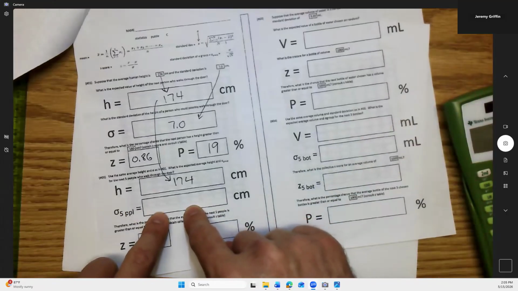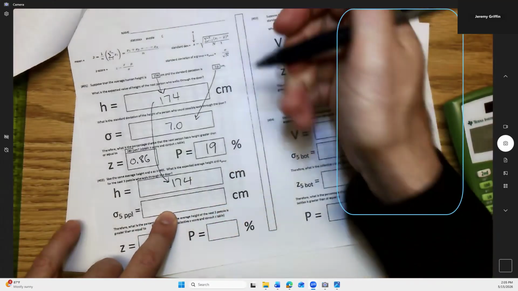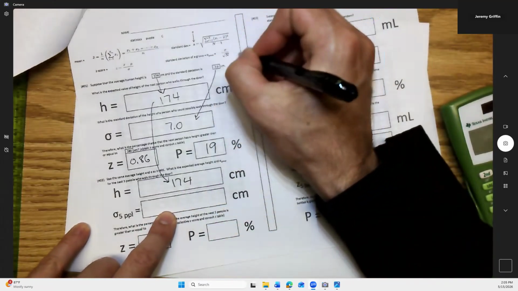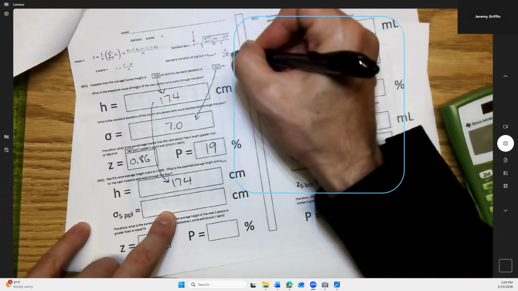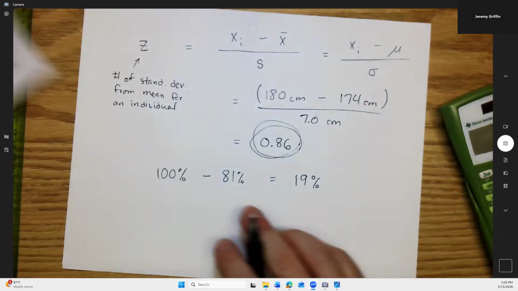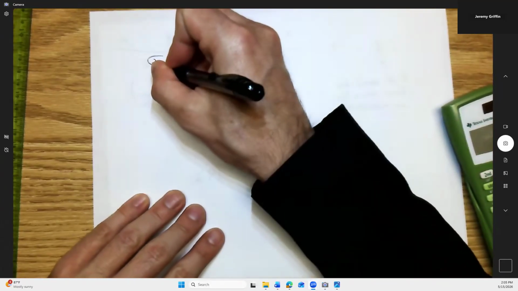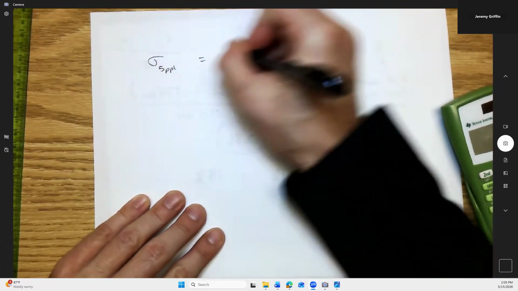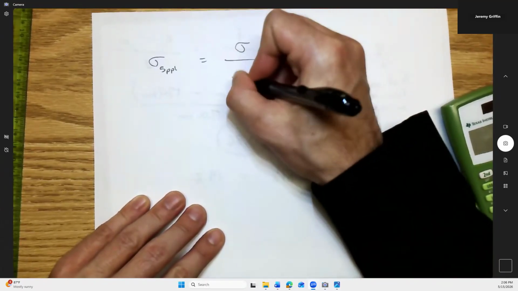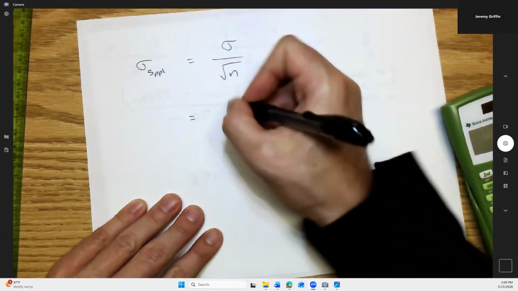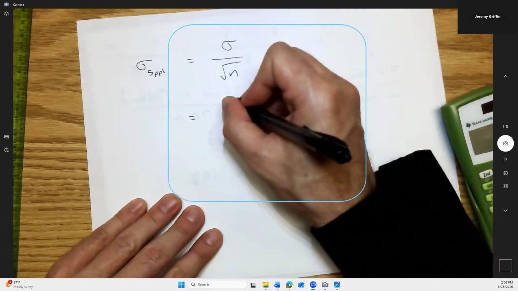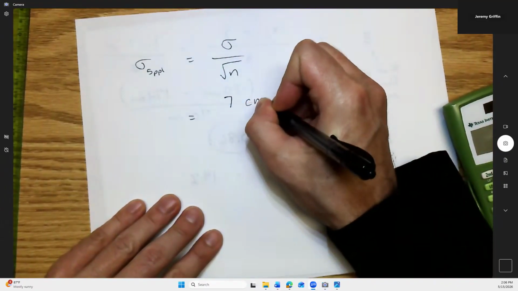So we're going to apply this formula right here. It says sigma for a group is sigma for an individual divided by the square root of the group size. So sigma for 5 people is sigma for 1 person divided by the square root of the group size. My plus-minus value was 7 centimeters.